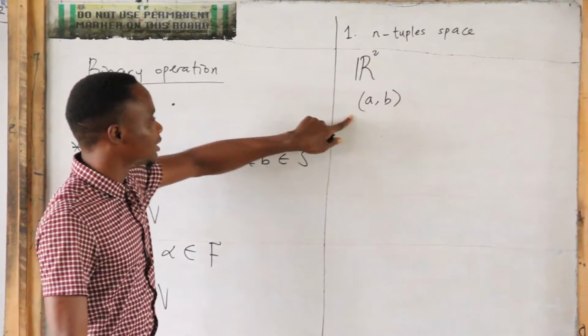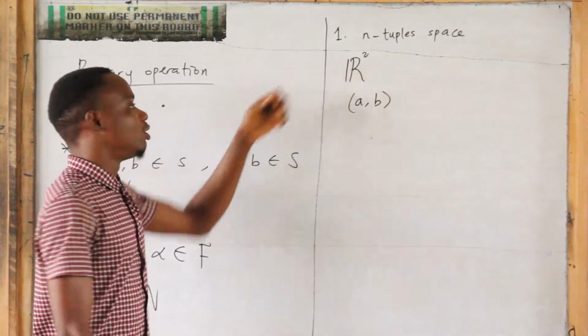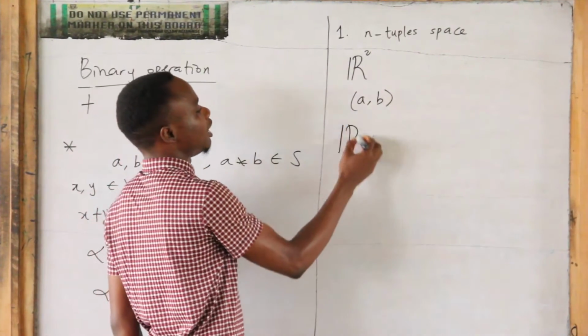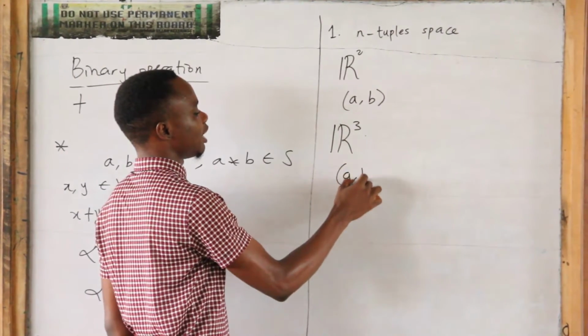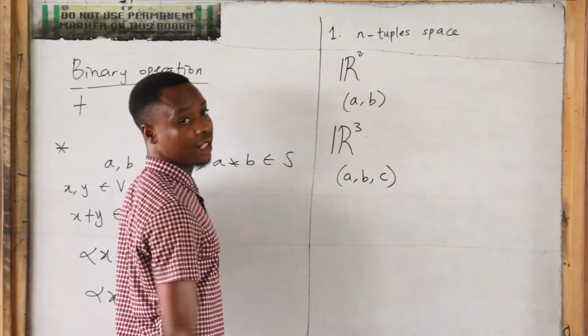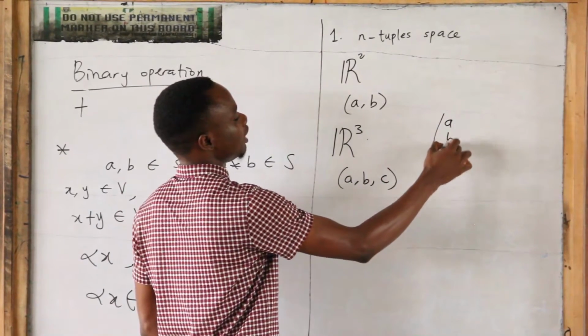This is an example of an element of this space. You can also have a space, let's say R3. This means you are going to have elements like (a, b, c). It can also be written in the form of a column vector, like a, b, c.